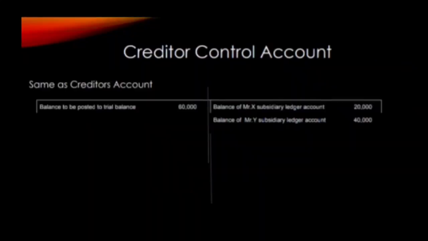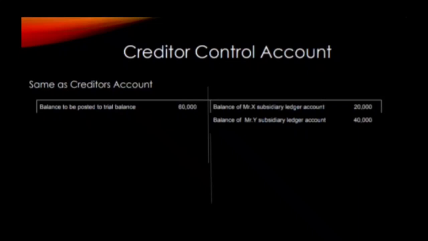Creditor's control account. Creditor's control account shall also be prepared in the same way as the debtor's control account was prepared. But here, we will record the purchases made from the creditors or suppliers on account.